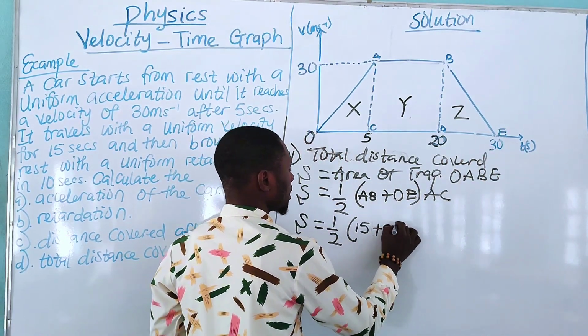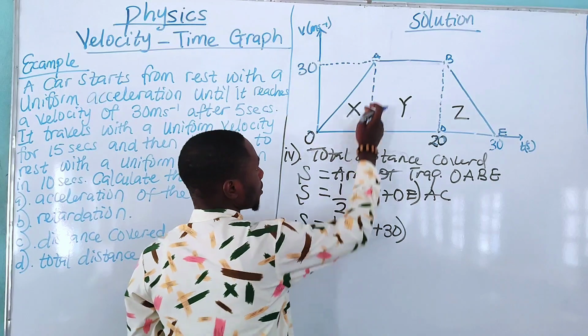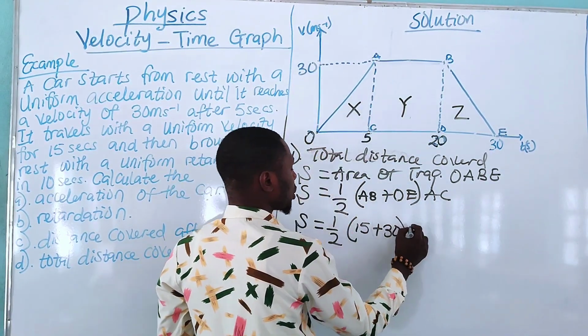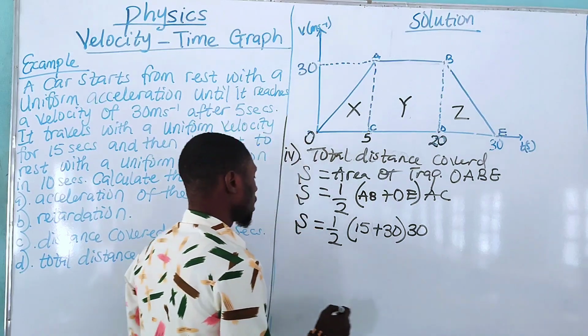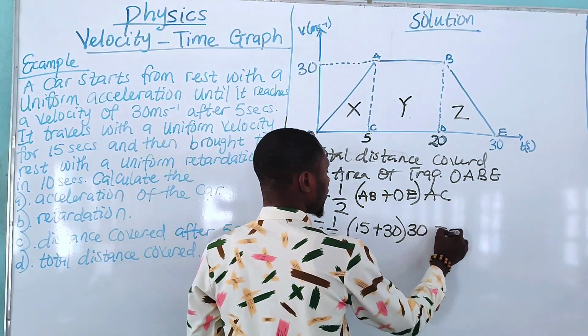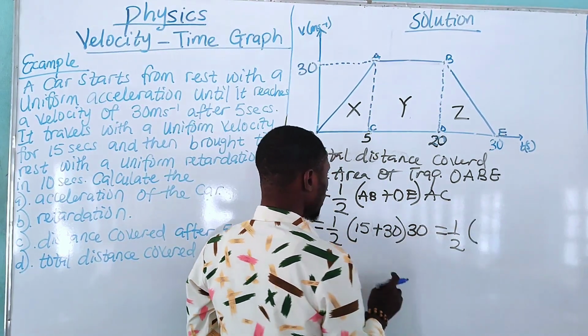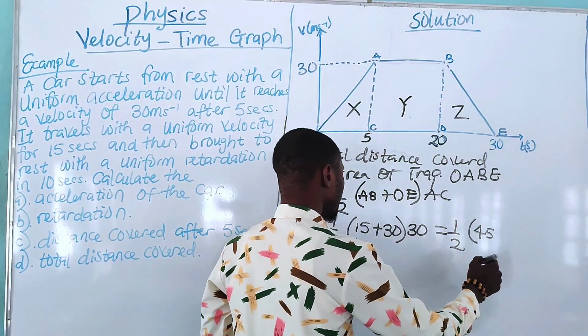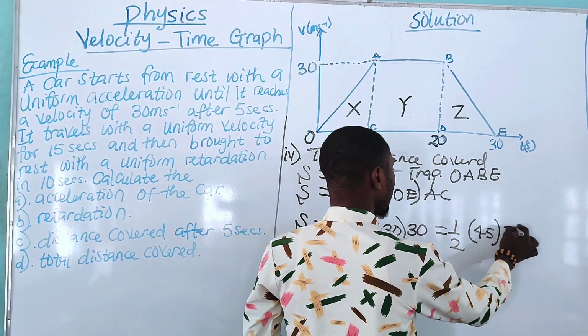So 15 plus 30 multiplied by the height, AC or BD, which is 30. That gives us 1 over 2 into 15 plus 30, which is 45, multiplied by 30.